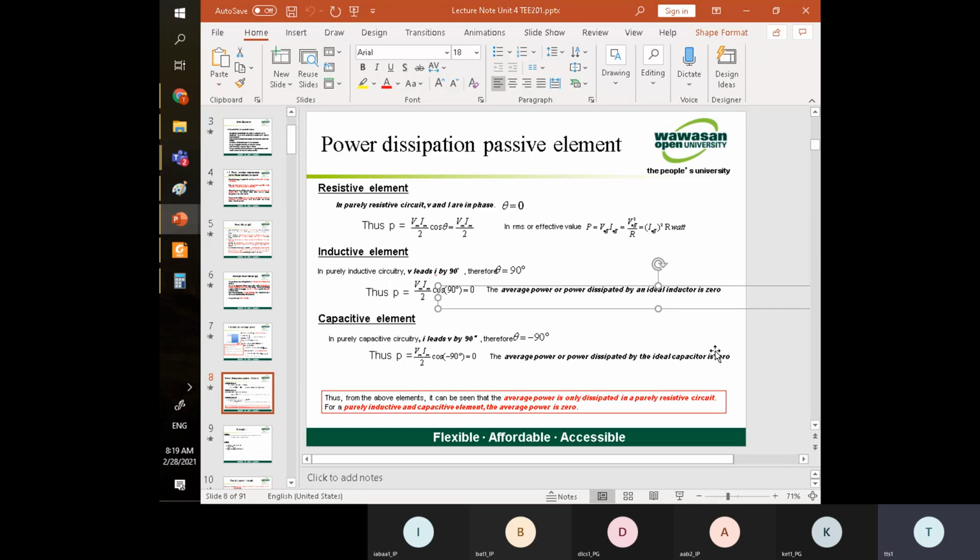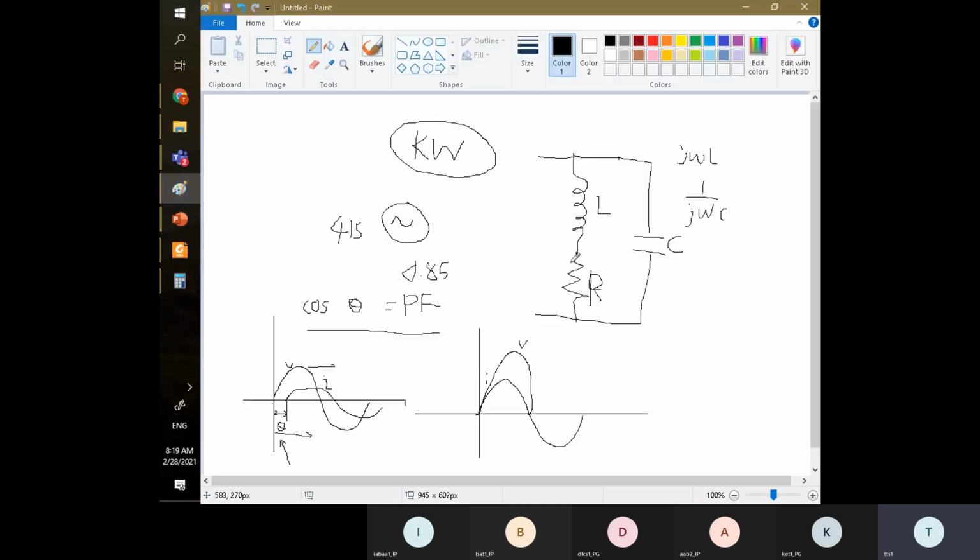You can hardly find any load that is purely inductive. Even though in the AC motor we have a high inductive load, the copper wire in the coil also has some amount of resistance. So we can present them this way, L and R in series.